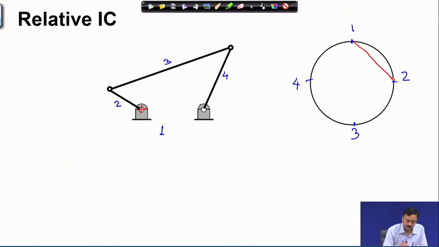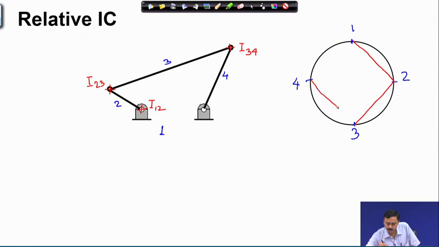I also know the relative instantaneous center of rotation. This is I12, this is I23. I also know that. So, I know I23. This is I34, the relative instantaneous center of rotation of links 3 and 4. So, I know I34.